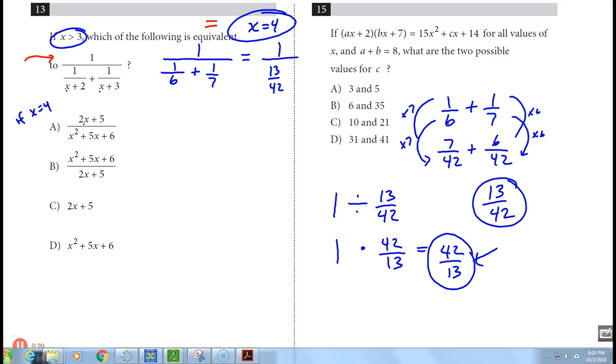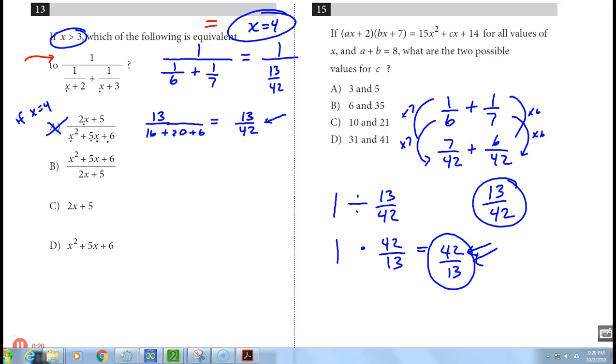Well, 2 times 4 is 8 plus 5, that's 13. 4 squared is 16 plus 5 times 4 plus 6. Well, that comes out to be 13 over 42. So it was close, but it's actually the reverse of what I want. I needed 42 over 13, and they're telling me 13 over 42. So I know it's not A. But man, if I could get the reverse of that, I would be in good shape.